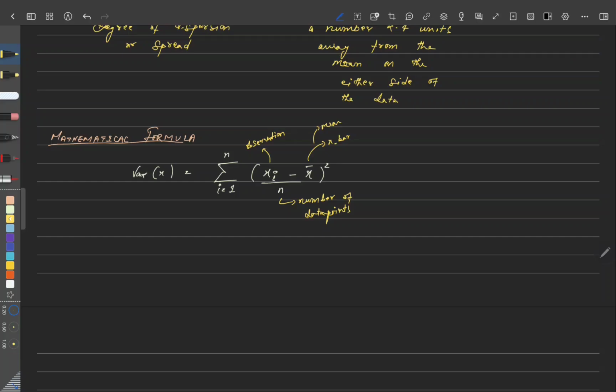So this is the mathematical formula, simple enough, right? If you understand the definition, you don't even have to remember this.